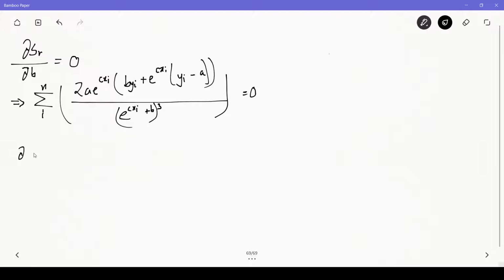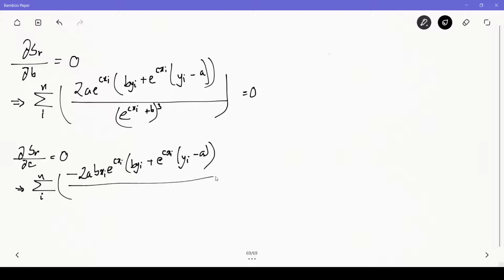And for the third parameter, which is c, del SR by del c, we take it as 0, and we get a corresponding equation which looks something like this, a nonlinear equation, mind it. So summation from i equals 1 to n we get something like 2a times bxi e to the power cxi times byi plus e to the power cxi times yi minus a.